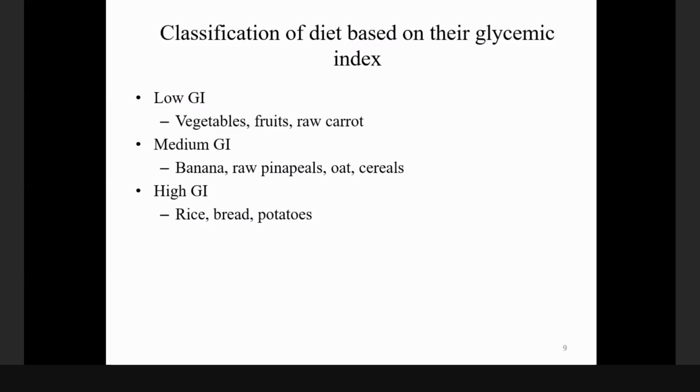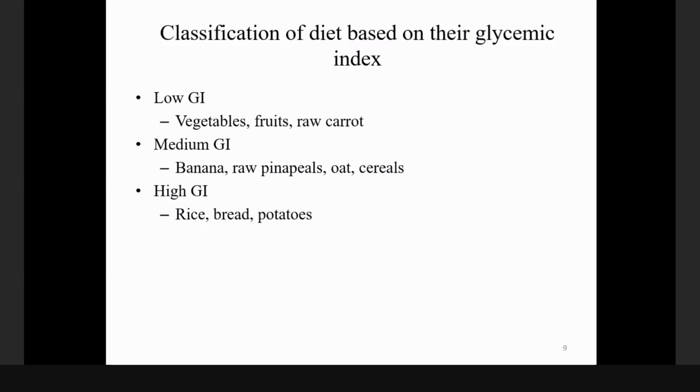They increase the blood glucose level a bit higher than diet with low glycemic index and a bit less than diet with high glycemic index. Otherwise, rice, the bread, potatoes, and so on increase the blood glucose level quickly and highly. So they are called diet with high glycemic index.